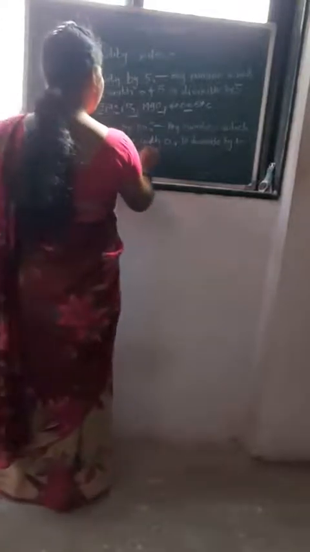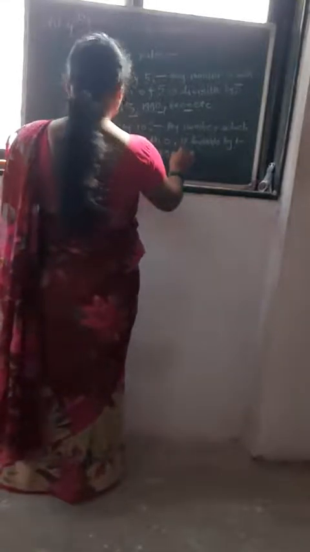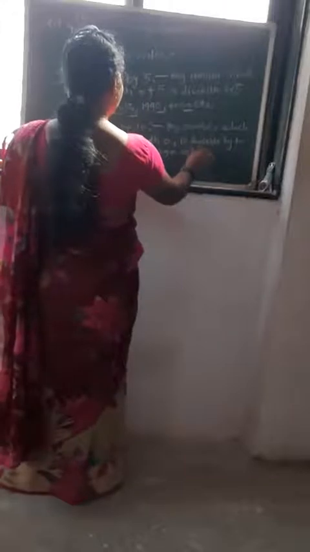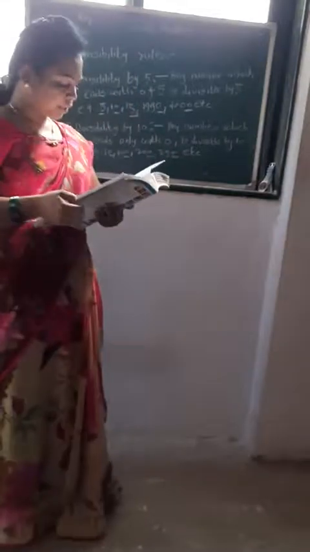For example, 10, 100, 200, 290, etc. Observe these numbers end with 0, then it is divisible by 10.